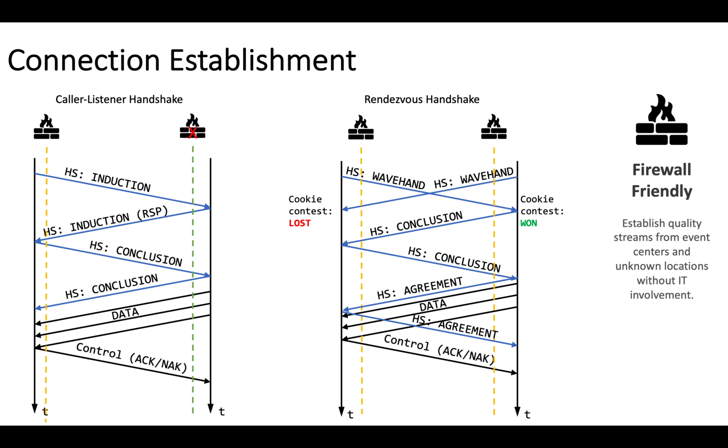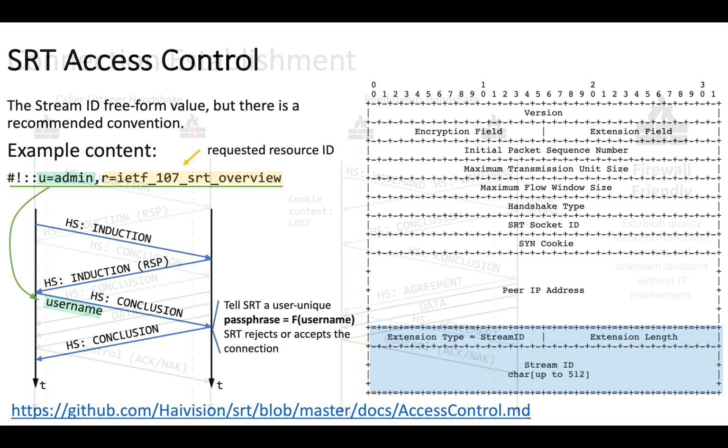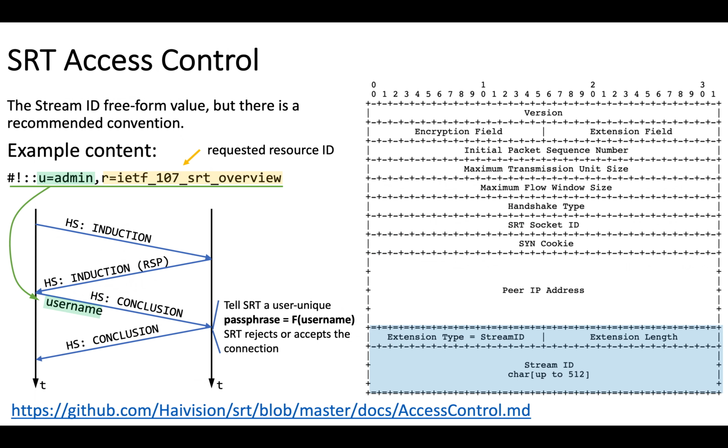Stream configuration is exchanged in the handshake, including latency negotiation, encryption configuration, and so on. A notable feature here is that additional user-defined data can be provided in the stream ID field. The stream ID field of the handshake packet holds up to 512 characters of custom user data.